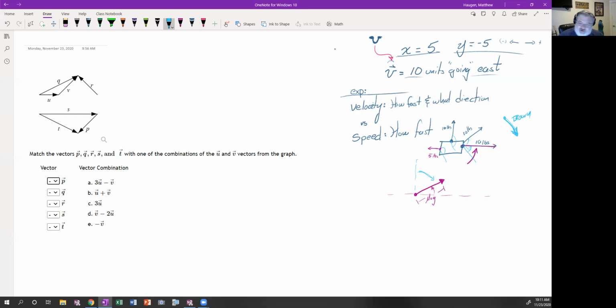Now, there's a couple of questions in the beginning of 8.3 about taking this idea of just sketching vectors as directed line segments. So line segment, because it's only a finite length, where that length again is proportional to its magnitude.